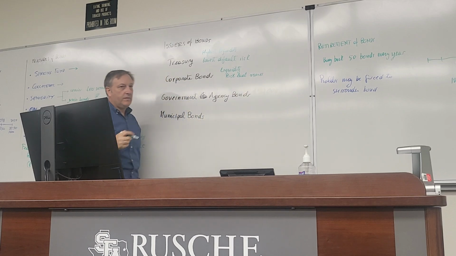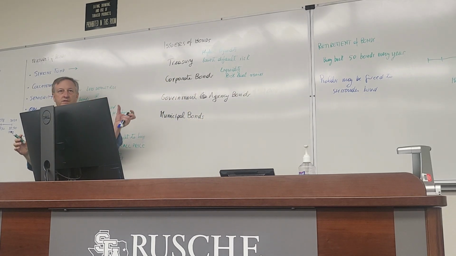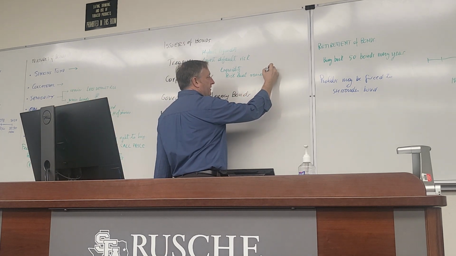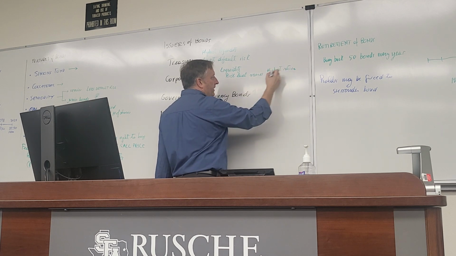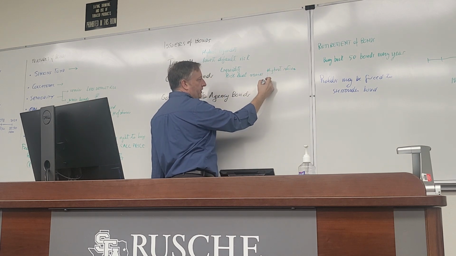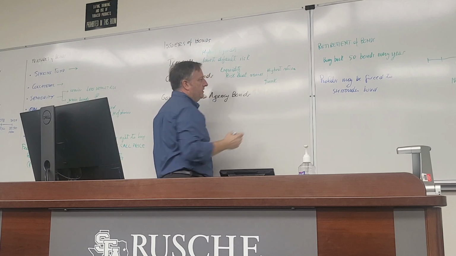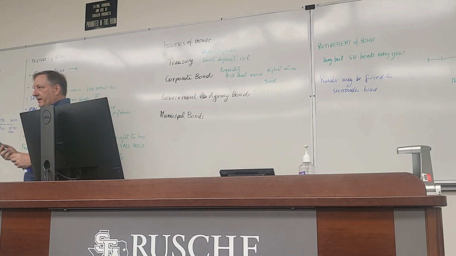The risk level varies. You may have some bonds that are perfectly safe in terms of default risk, so at the highest rating. But you can have some that are rated as junk.